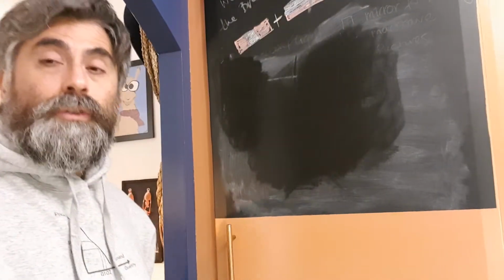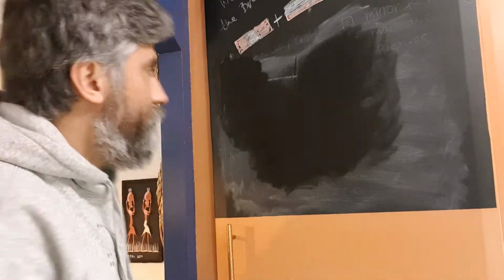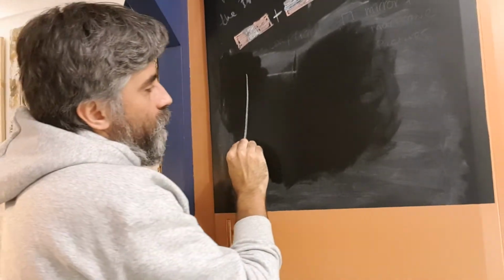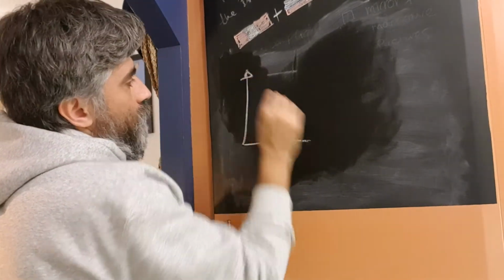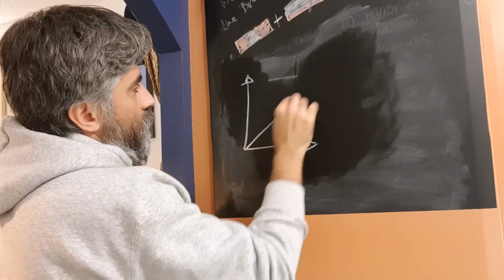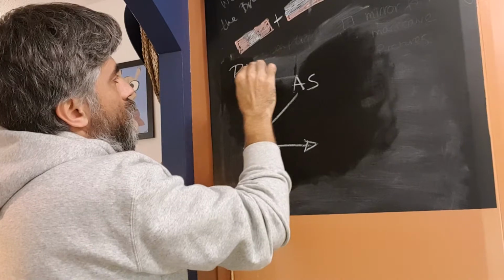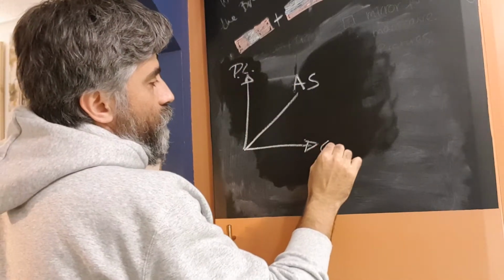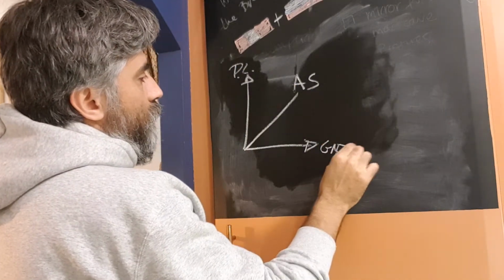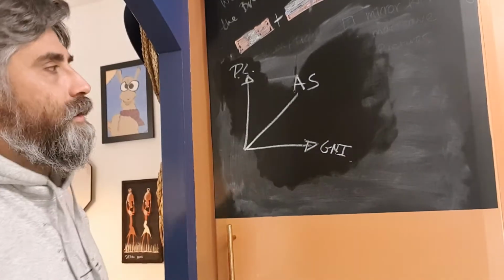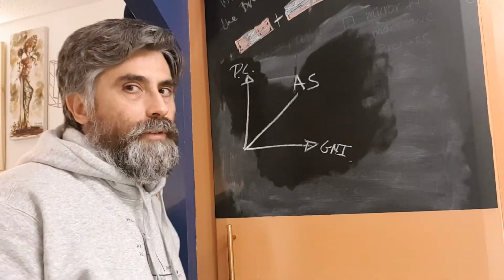In the next part, we look at shifts in the aggregate supply curve. So we have our diagram, we have our aggregate supply, price levels. This time I'm going to put gross national income for change. And I want to show you a shift in the aggregate supply curve.